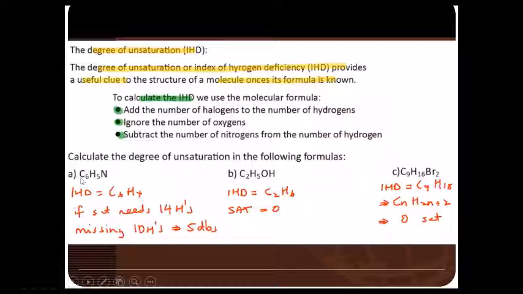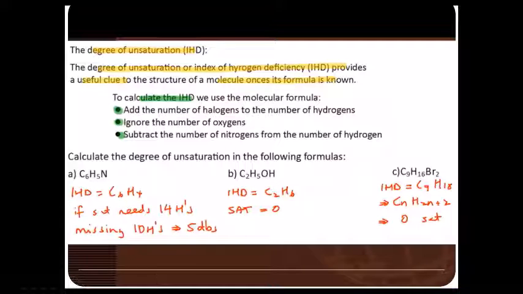All right, and then the last one, C6H5N. We subtract the number of nitrogens from the hydrogens, so that would be just C6H4. In this case, C6H4 would actually have double bonds, which would make it unsaturated.